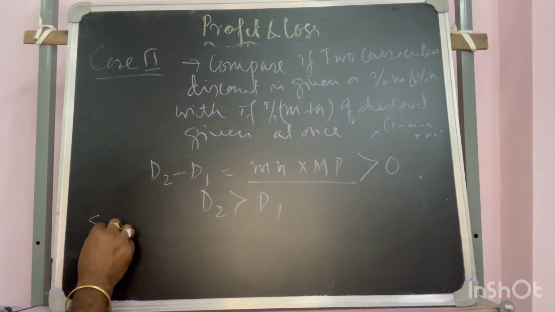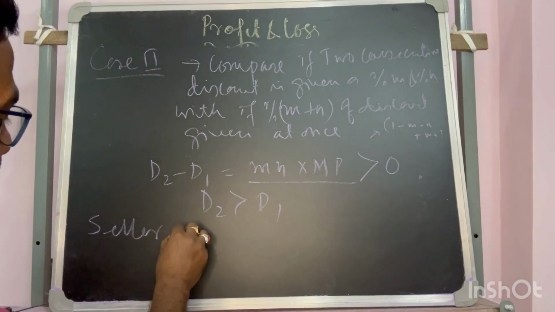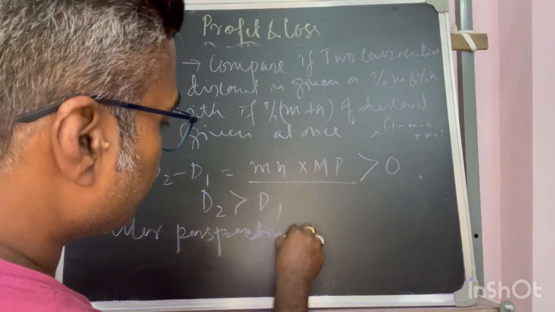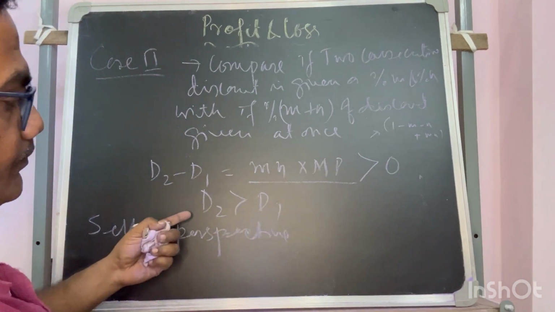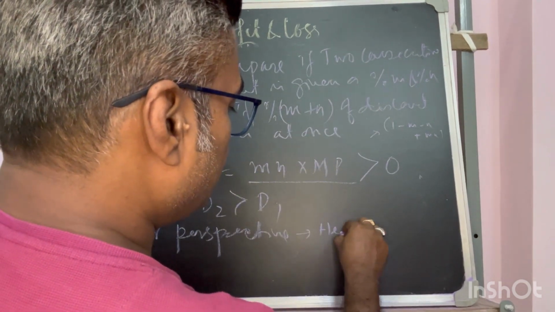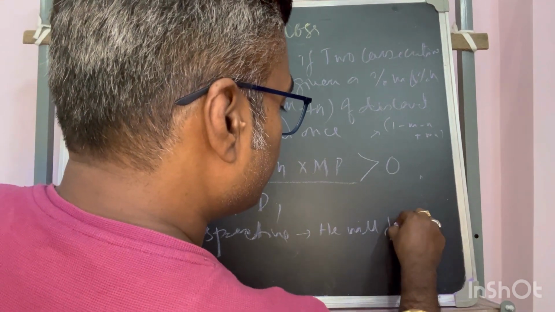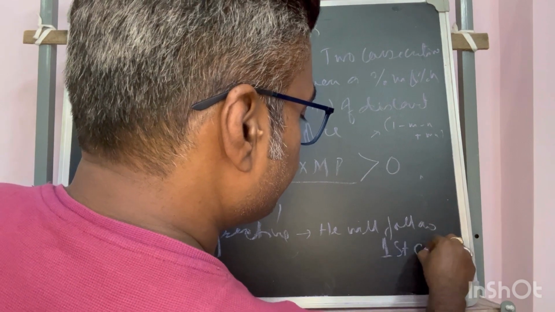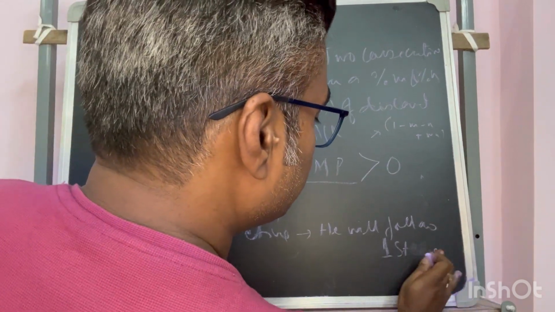So what would be the seller's perspective? The seller's perspective is to give less discount. So he will follow the first method, consecutive.